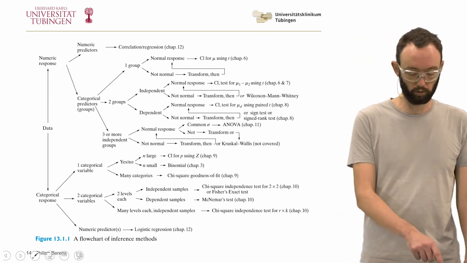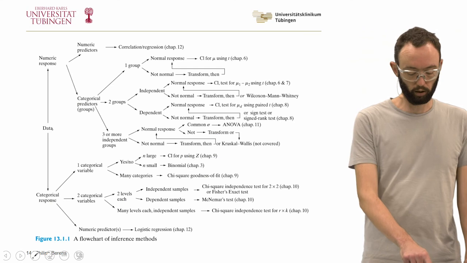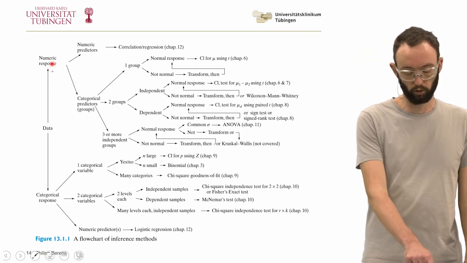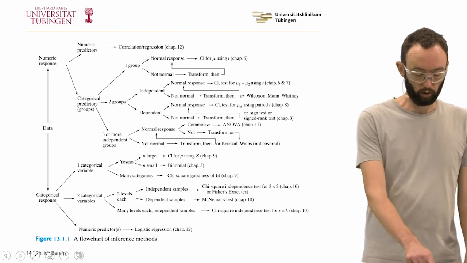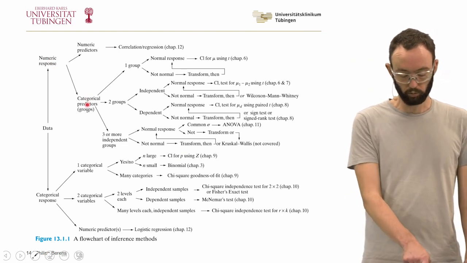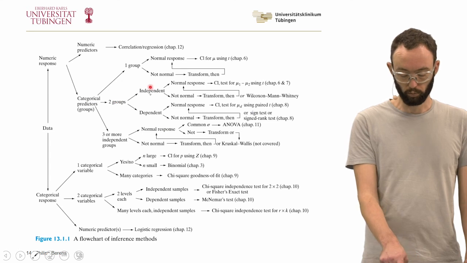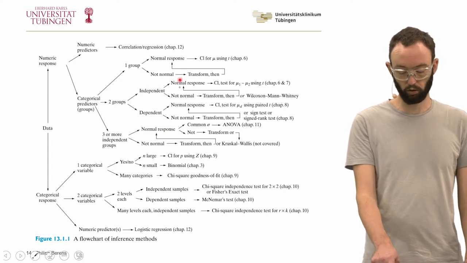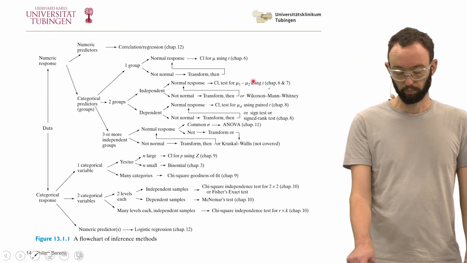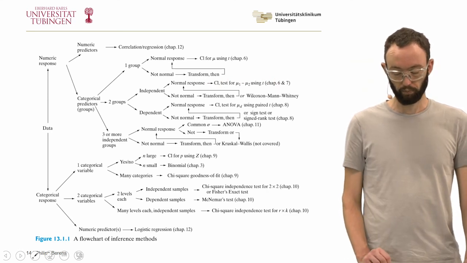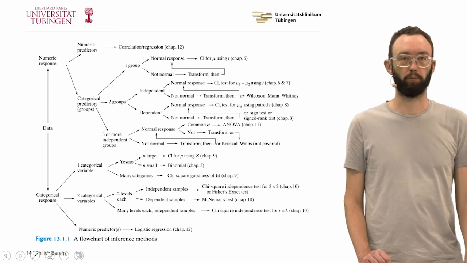So for example, if you have a numeric response and a numeric predictor, then you use correlation. If you have a numeric response and a categorical predictor and two groups that are independent and normally distributed, then we can use either a confidence interval or a t-test, and so on and so forth.